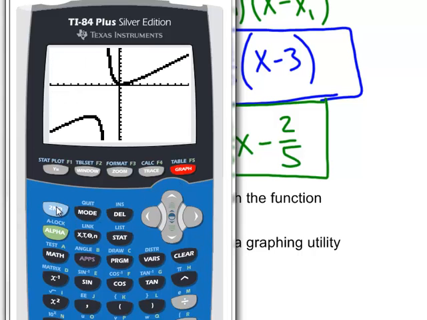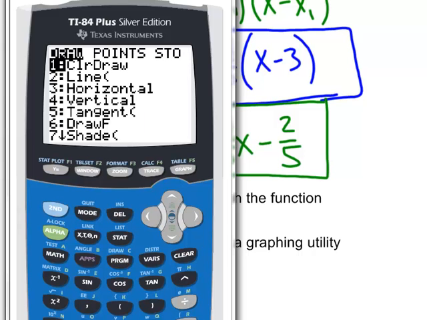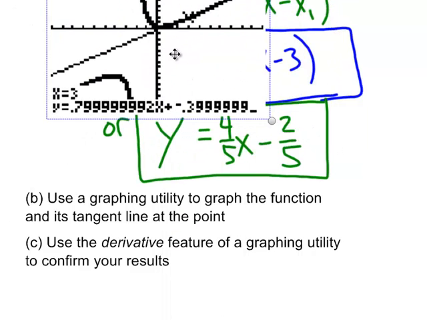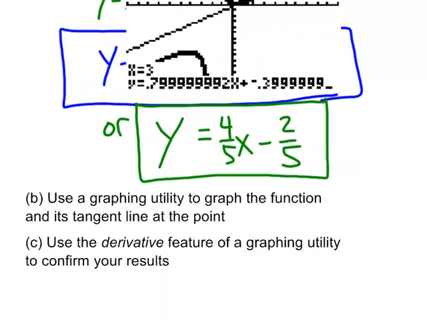I got the graph displayed, second draw, 5, and then type in 3, enter, and I see my full tangent line equation. And again, is that the same as what we got? Well, we said that 0.799999 was essentially the same as 4/5 times x minus something that is essentially 0.4, and that's what 2/5 is, 0.4. So we've successfully graphed the tangent line and confirmed that the derivative is the same.